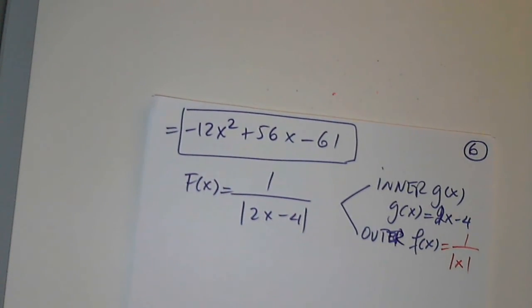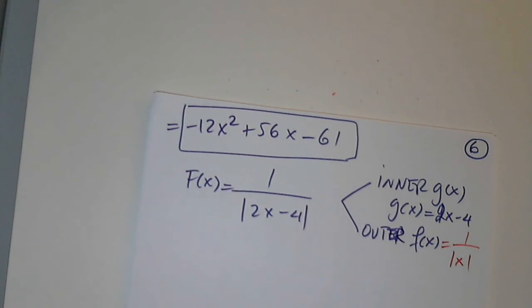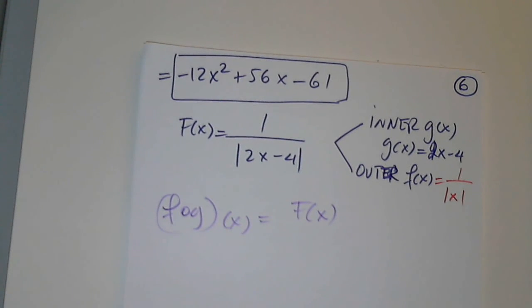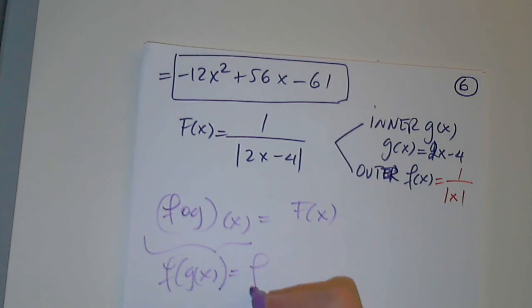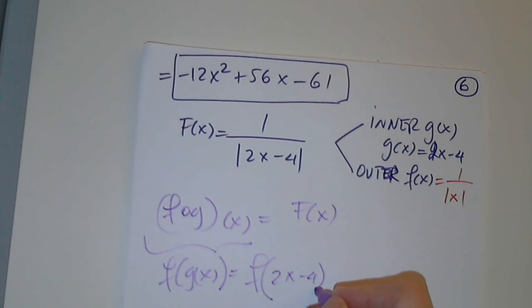Do you want me to show the function composition? Yes, please. Perfect. So according to this, we claim that f comp g of x is f of x. So we want to show that. f comp g of x is f of g of x, correct? Which is f of 2x minus 4, correct so far?